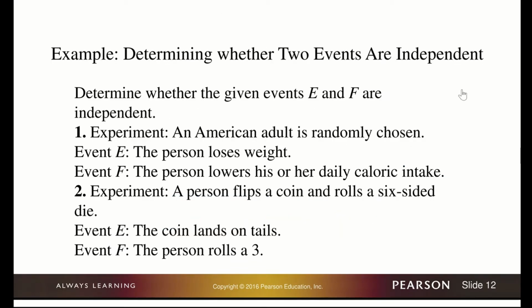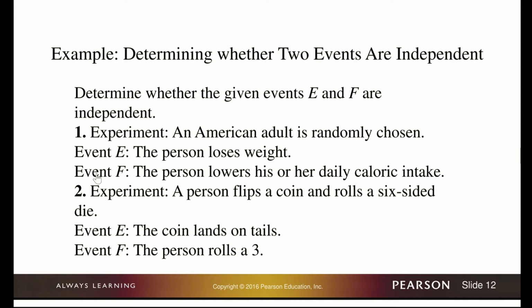Here we'll look at a few scenarios, see if we can determine just intuitively and rationally if the events are dependent or independent. So here we're actually going to determine if they are independent. So we will answer the question according to that kind of questioning. So here we have an experiment, which is an American adult is randomly chosen. All right.